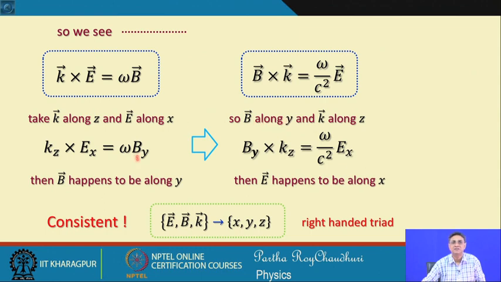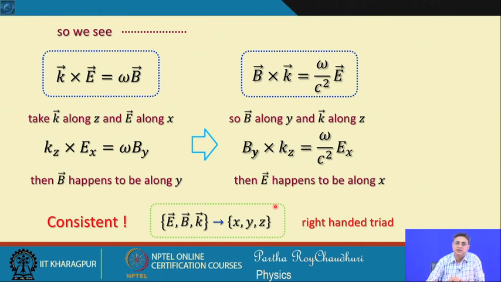So, they are consistent and we can write in a compact form, that E B k represent the x y z axes of the Cartesian coordinate system, and it forms a right handed triad of vectors. So, this is how we could see that the electric field, the magnetic field and the direction of propagation are normal to each other.